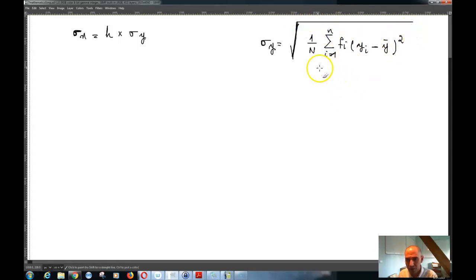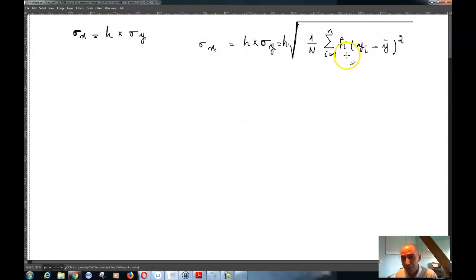That is the standard deviation of variable y. Now if I multiply h by this, it is essentially this expression over here, which you can write as the standard deviation of variable x.